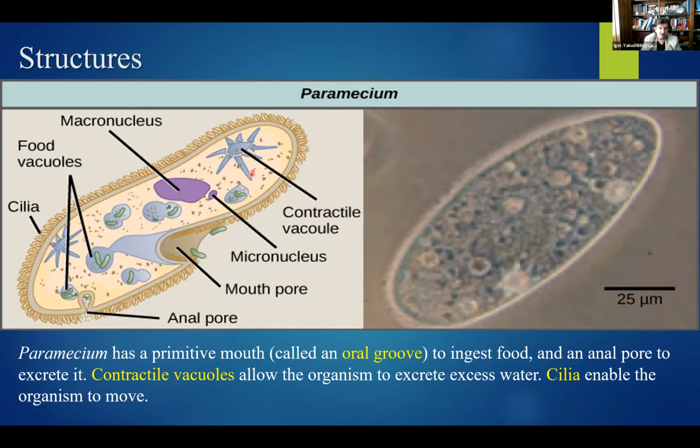Most protists live either in aquatic or very wet, humid environments. So in this case, the water will start seeping in through the cell membrane. Without that contractile vacuole, the water will increase, and eventually the cell will burst.